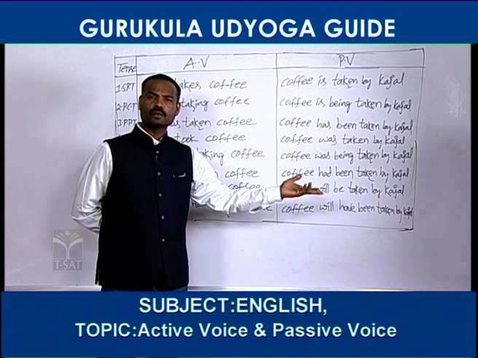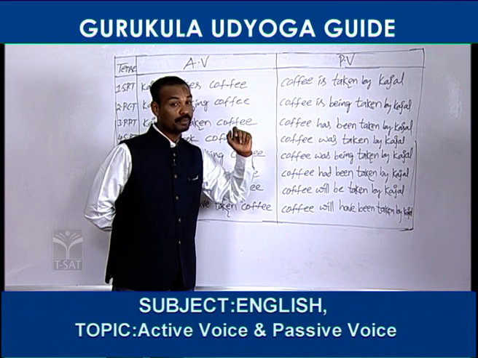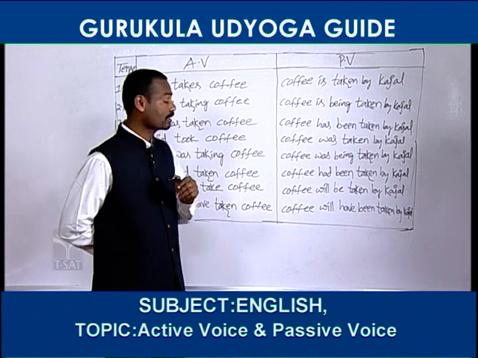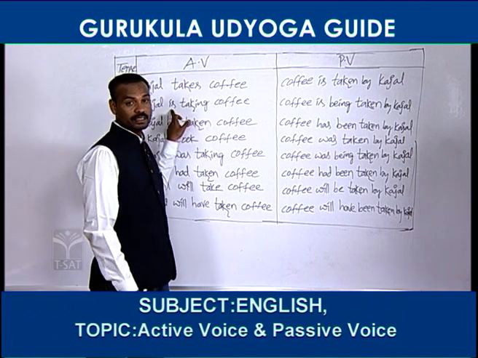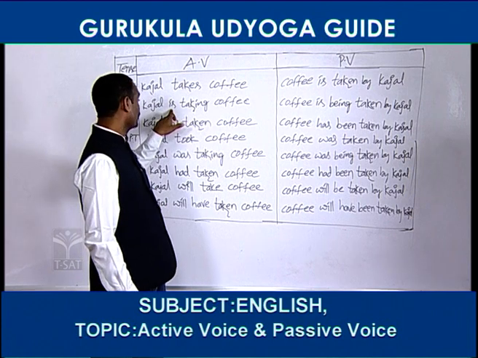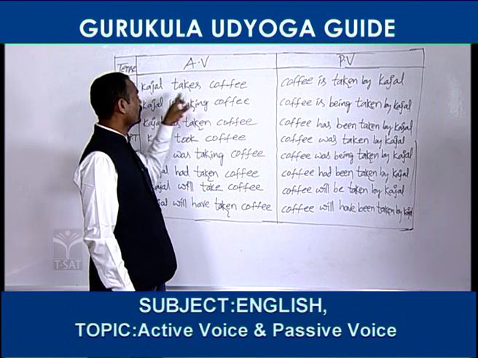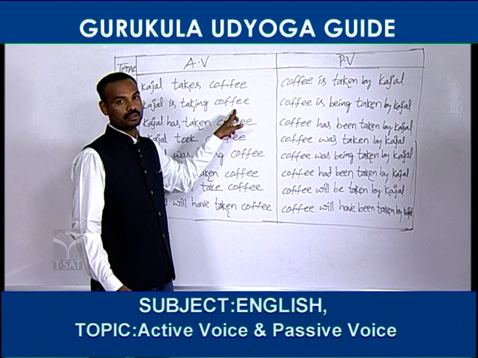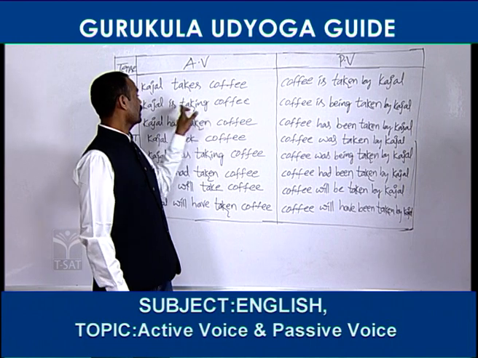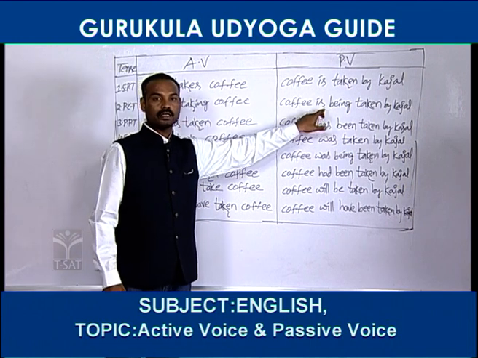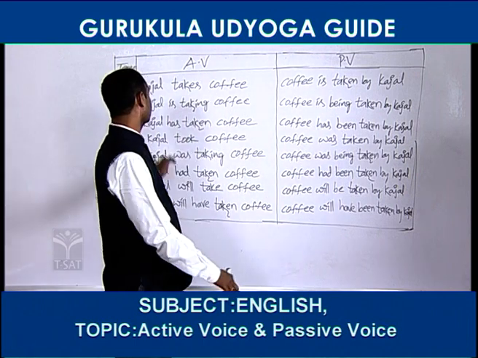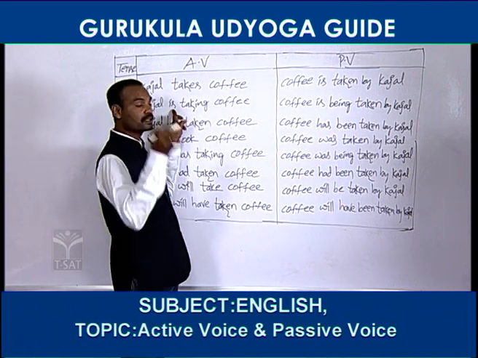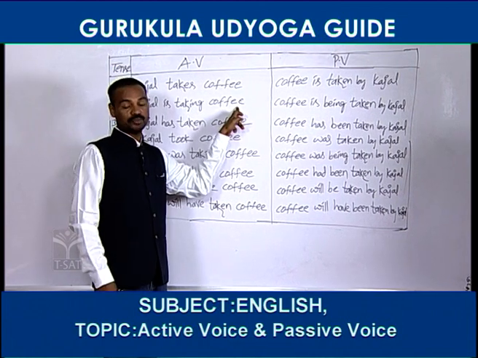Whenever they give a helping verb in the active voice, we can take it, but we should not take it blindly. We should see what helping verb is given. If they give a singular helping verb, there should be a singular object. Then we can take it as it is. Sometimes they will give a singular helping verb with a plural object.